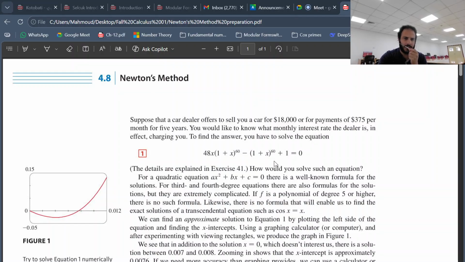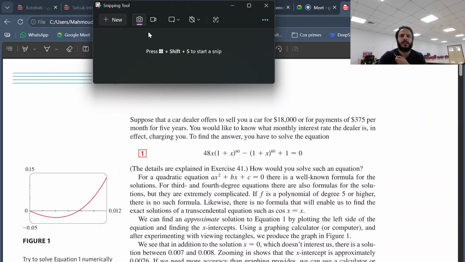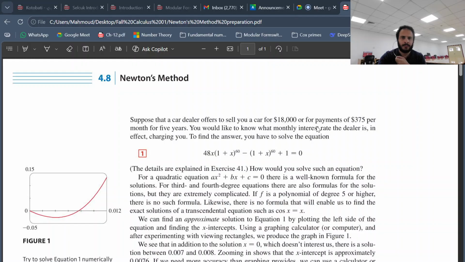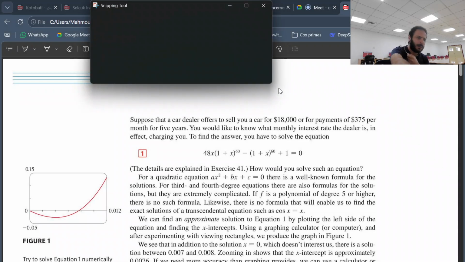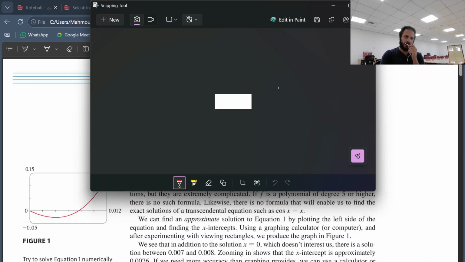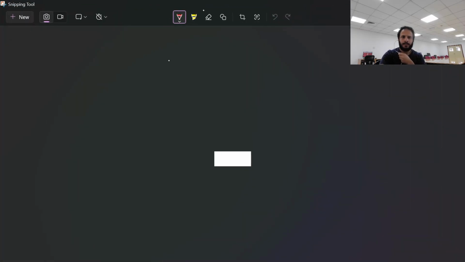But before explaining Newton's method, let me ask you something. For example, the quadratic equation x squared plus bx plus c equals 0. Do we have a formula to solve the quadratic?